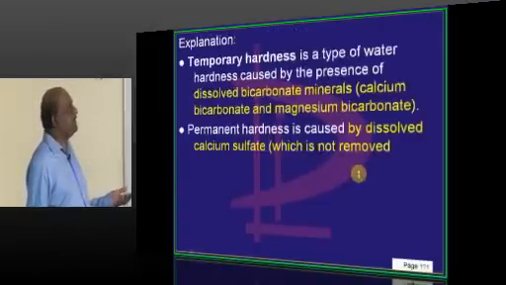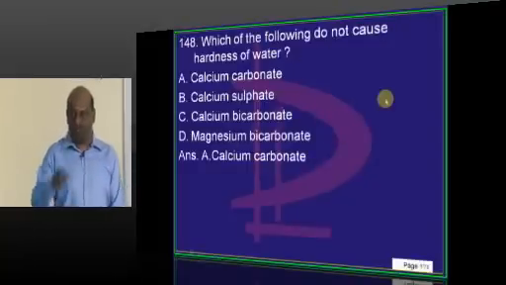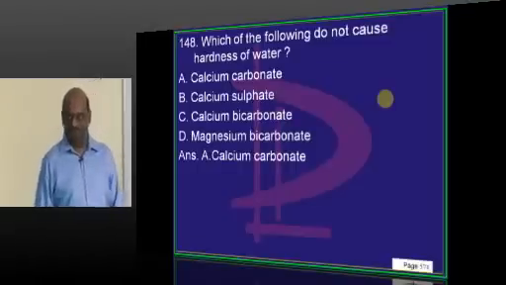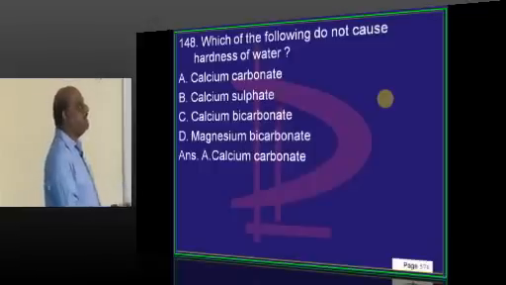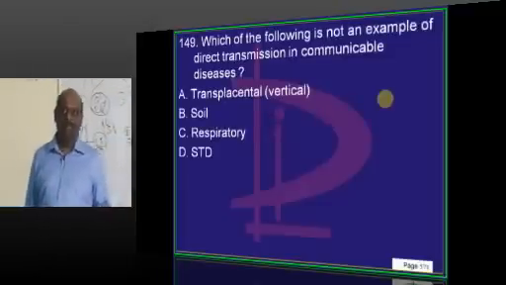So bicarbonates and sulfates are responsible but not carbonates. Carbonate is soda. The Pepsi you drink is carbonate, not bicarbonate, right? So bicarbonates and sulfates are responsible for hardness. It's a tricky question actually.